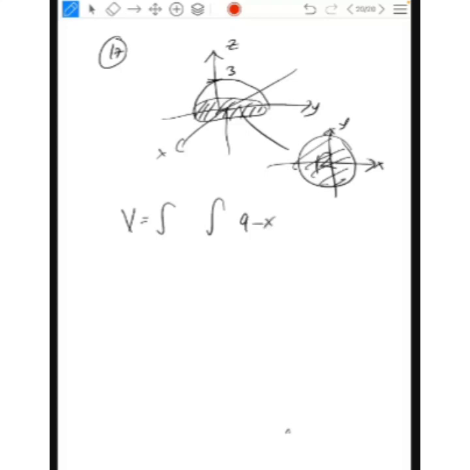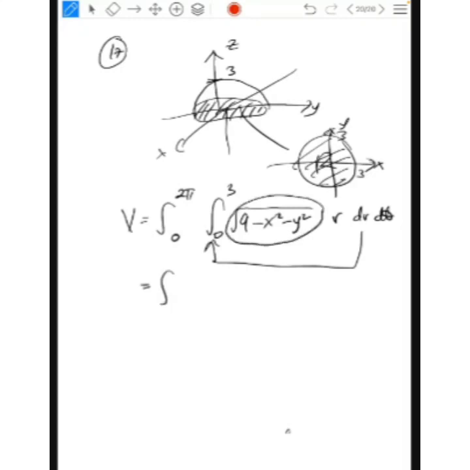So the square root of 9 minus x squared minus y squared, r dr d theta. So dr is from 0 to 3, and then theta is from 0 to 2 pi. So yang ini kena tukar. Yang ini akan jadi the square root of 9 minus r squared, r dr d theta.